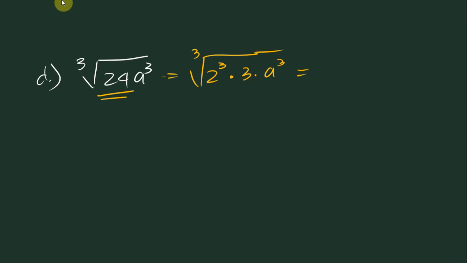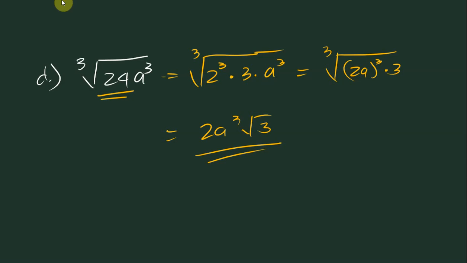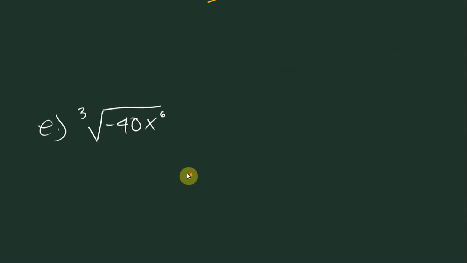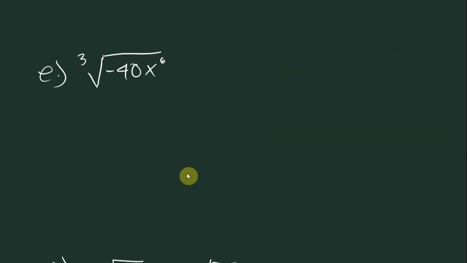So 2 cubed and we have a cube here, so we can rewrite this also as 2a cubed multiplied by 3. So this will then be equal to 2a multiplied by the cube root of 3. Okay, pretty cool. And then we have here the cube root of negative 40 x to the 6.